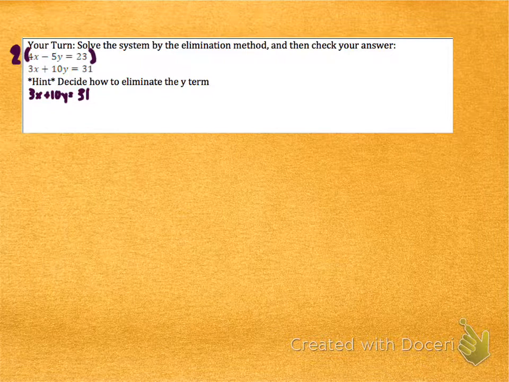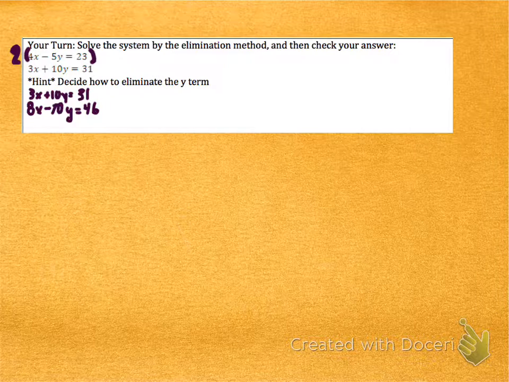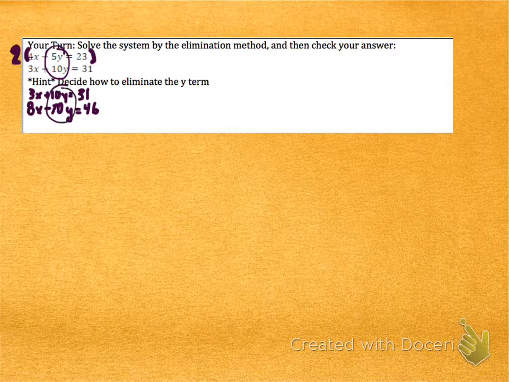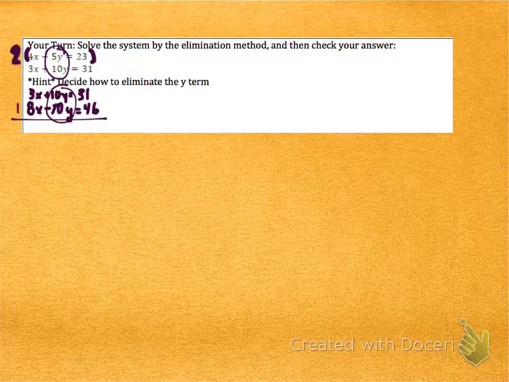And if I multiply that first equation by 2, then I get 8x minus 10y equal to 46. And so what that does for me is create opposite terms that I can add together.